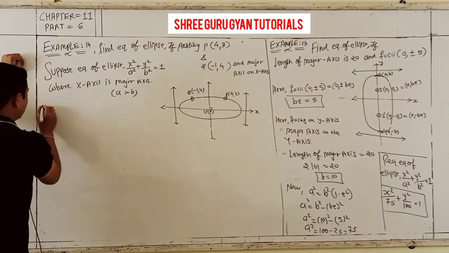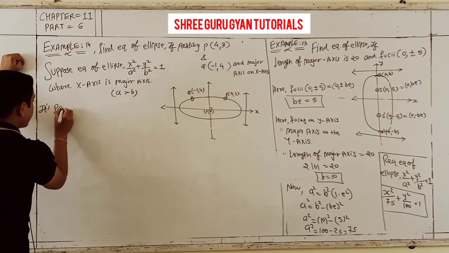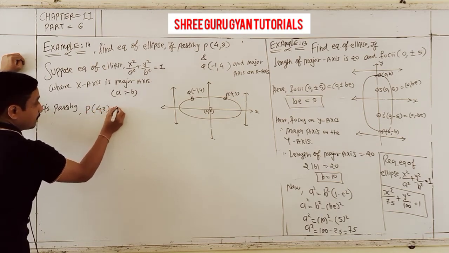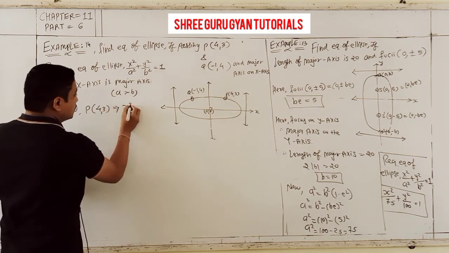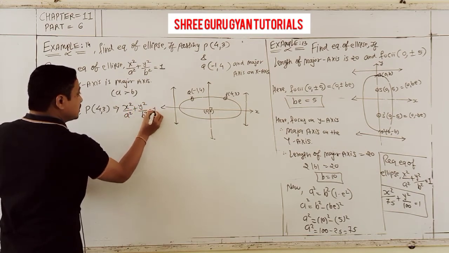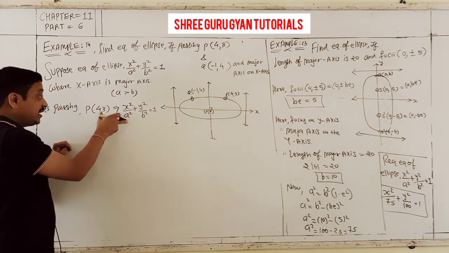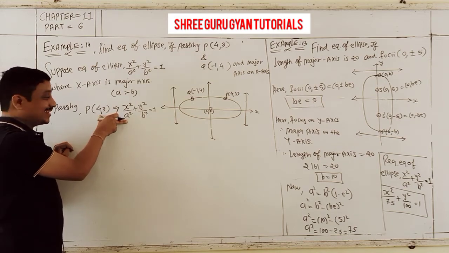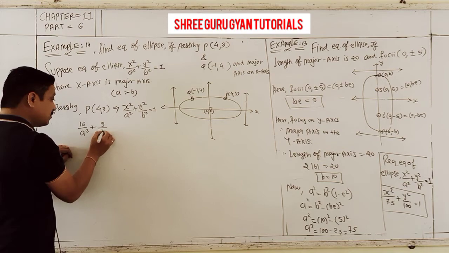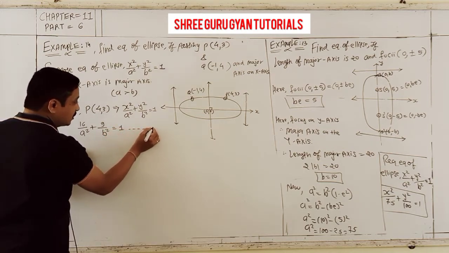It is passing through P and Q, already given. For P, I have (4, 3). Apply it on x square by a square plus y square by b square equals 1: x is 4, y is 3, so 16 by a square plus 9 by b square equals 1. That is statement 1.